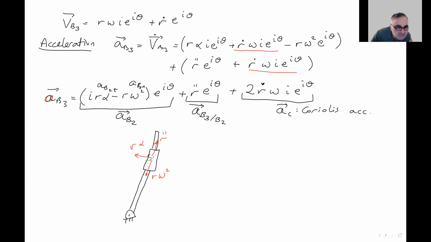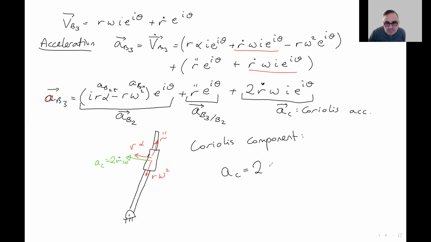It is this, 2 R dot omega, and it's in the direction of i e to the i theta.